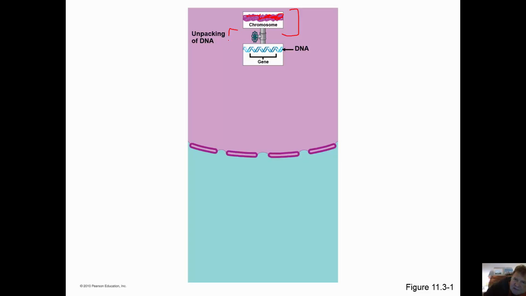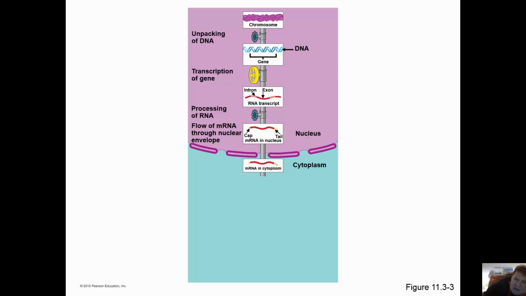So that's why we hear of unpacking of DNA. In order to express a gene, you need to expose that gene, and in order to turn it on, we then need to transcribe that gene. That gene then needs some processing. When we make the messenger RNA, we put a 5' cap on it and a 3' tail. This then needs to move into the cytoplasm, where it will actually get translated.